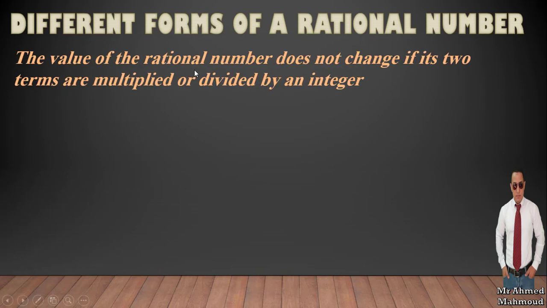The value of the rational number or fraction doesn't change if its two terms are multiplied or divided by an integer. What is the meaning of terms? The fraction consists of two numbers, the numerator and the denominator. The numerator is called the first term and the denominator is called the second term.